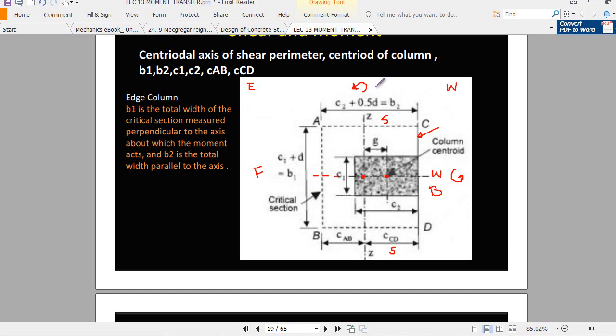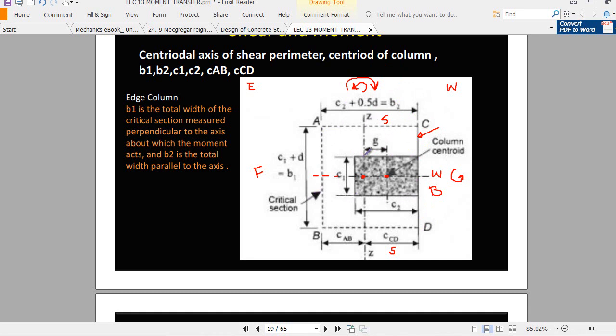If the moment is reversed, let's say the moment is acting in this direction, although it is about the z-axis, it is now in the clockwise direction. Then remember, this is your front and this is your back. Sides will remain unchanged.